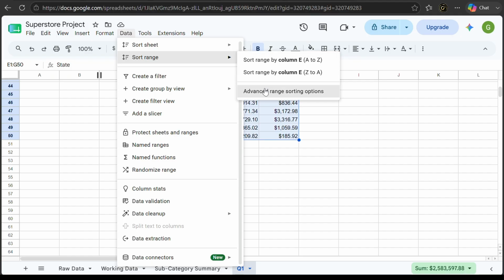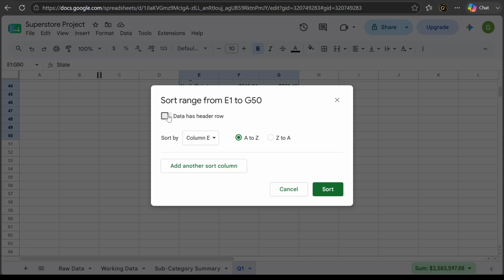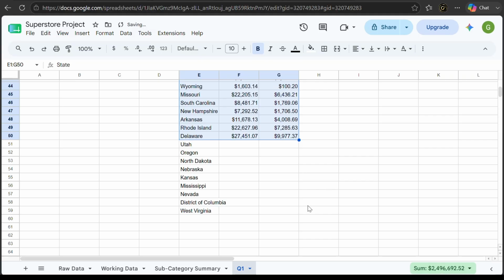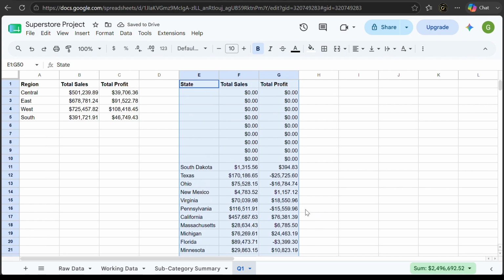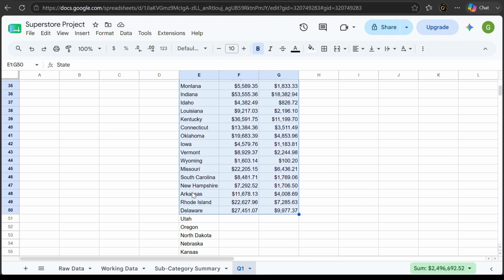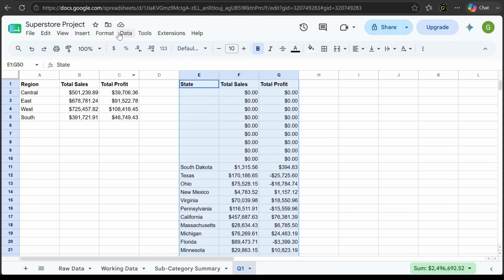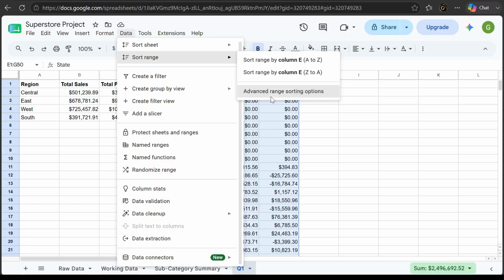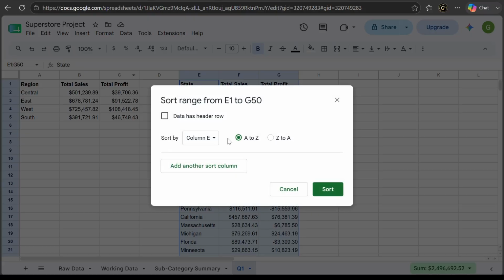And then I'll go to advanced range sorting options, and then I'm going to say, yeah, of course it has a header row, and I want to sort from Z to A. So no, this is not what I wanted to do. Sorry, data, sort range, and sort by column E, sort by this. Data has header row.